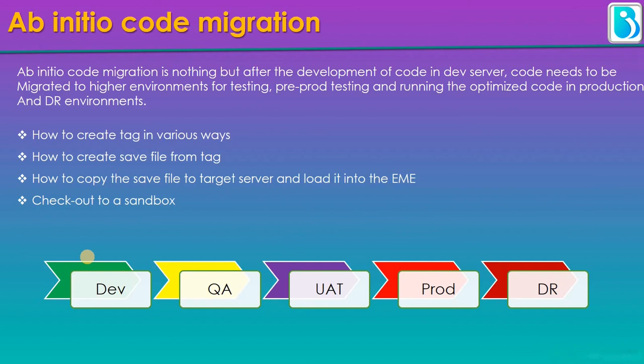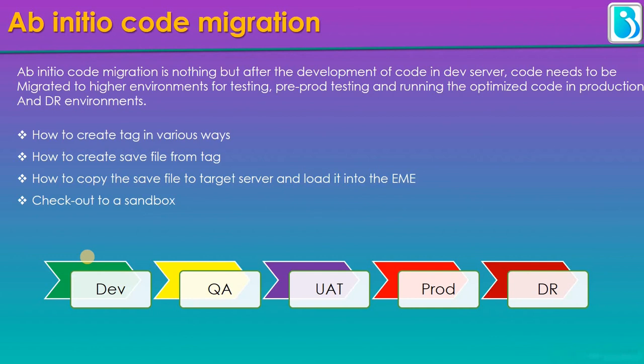Ab initio code migration. Ab initio code migration is nothing but after the development of code in dev server, code needs to be migrated to higher environments for testing and pre-production testing and running in the pre-prod environment, and move it to the production environment for the actual production runs and DR environments as well, if you have it.